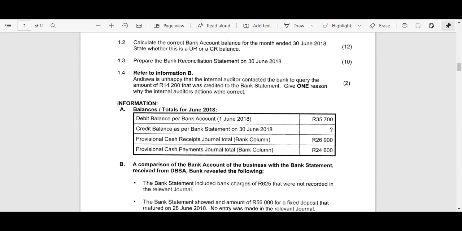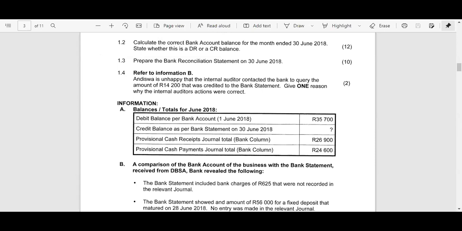Credit is unfavorable, debit is favorable. Exactly how you said it. What you just said, that's facts.